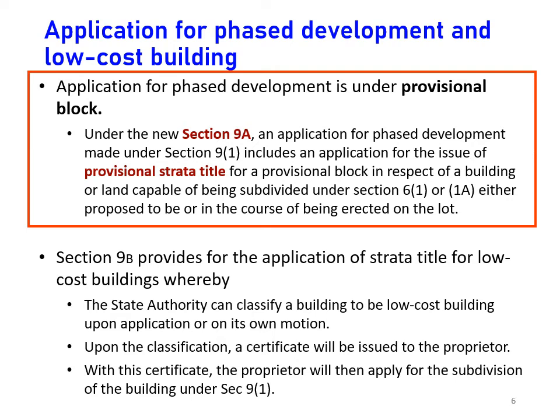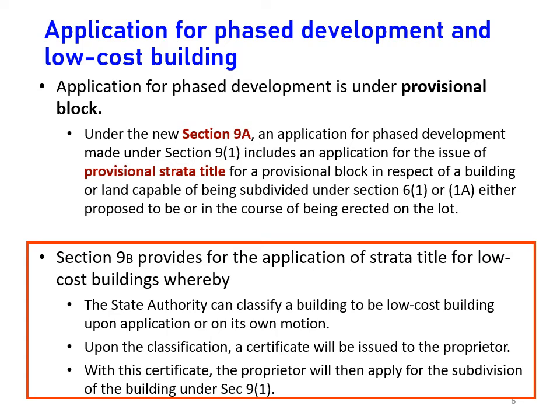The second one, 9B, provides the application for strata title for low cost building. Now, the main condition for low cost buildings within strata scheme is there must be a certificate issued by the state authority that the building is a low cost building.